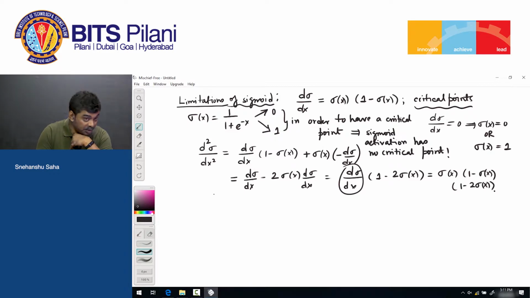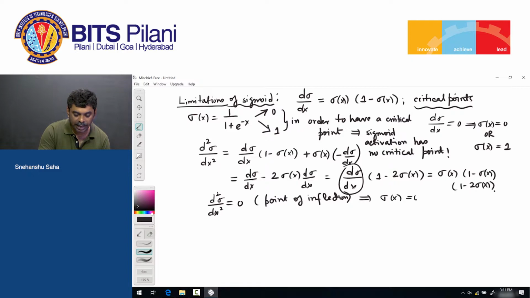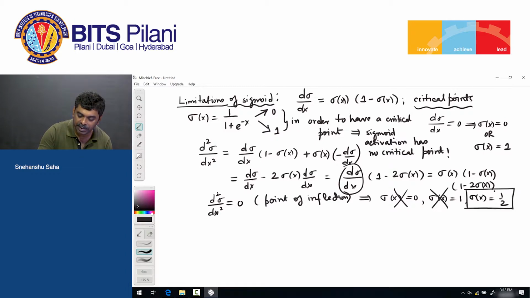But can we figure out whether it has a point of inflection? The points of inflection are found where the second derivative is zero, and you could have any of three options. The first two options are ruled out because they cannot happen, so the only option that we have is this.